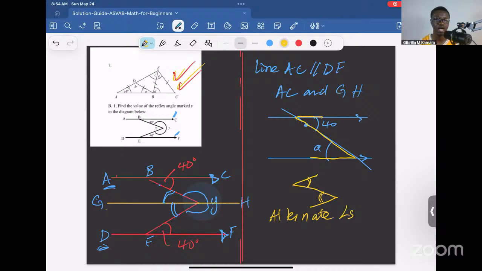Alternate angles are the same, or they are equal. So therefore, your A is just 40 degrees. So this angle here as well is 40. And the same way for this G, they are both 40s.